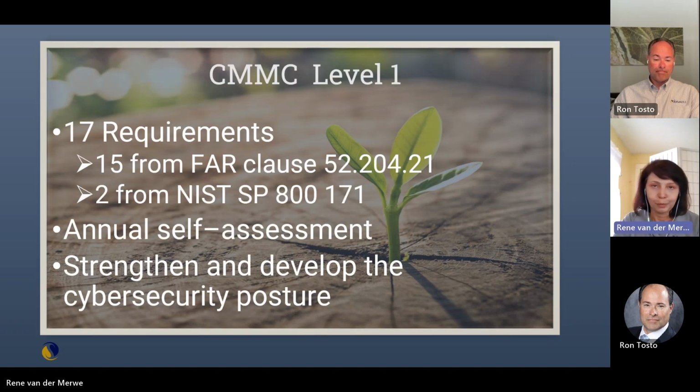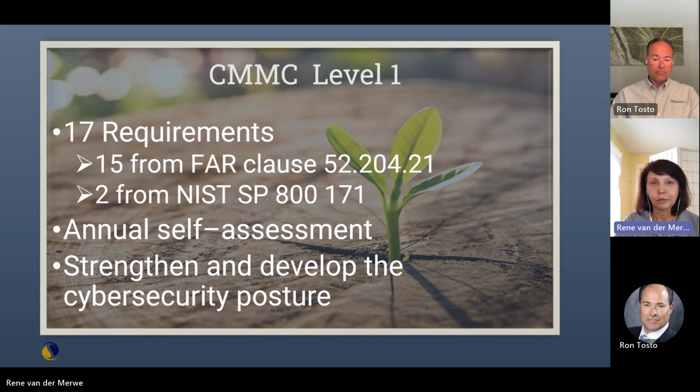Level 1 is the first of three tiers that make up CMMC 2.0. This base level contains 17 required security practices that, if implemented correctly, should protect contractors from a basic attempt by hackers to infiltrate their systems. Level 1 is made up of 15 requirements from FAR Clause 52.204-21 and 2 requirements from the National Institute of Standards and Technology Special Publication 800-171.